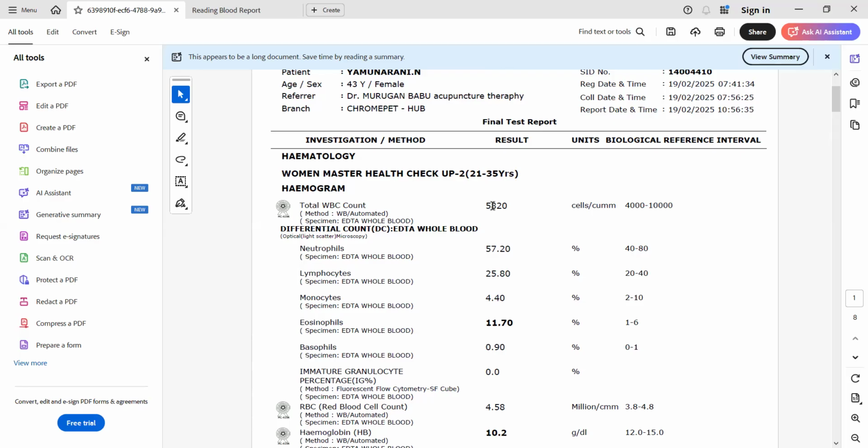If it is more than 11,000, then we will say that there is a serious infection in the body. But it need not be. If the infection is viral, you will not see the numbers even beyond 11,000. It will even be less than that, but the patient will be having the viral infection, severe fever, and other related problems.